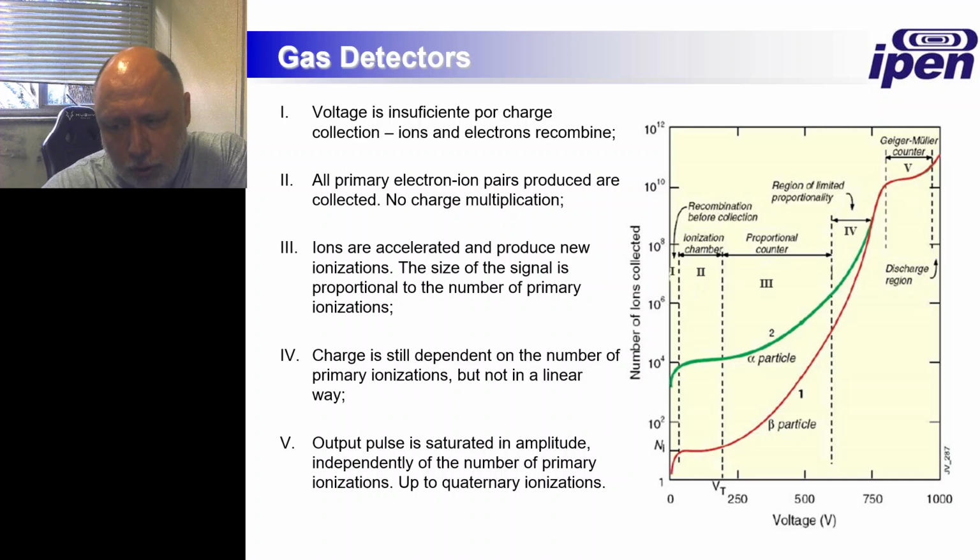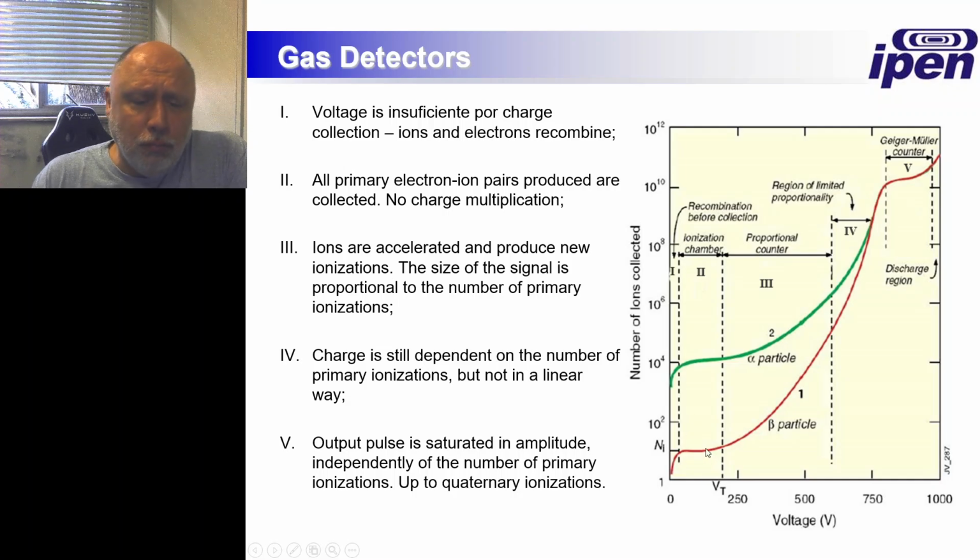Every particle that interacts with the medium will leave one charge, right? Because some will not. But every particle that reaches the detector and causes an ionization will be collected. But there's no multiplication yet. This is what we call an ionization chamber, right?